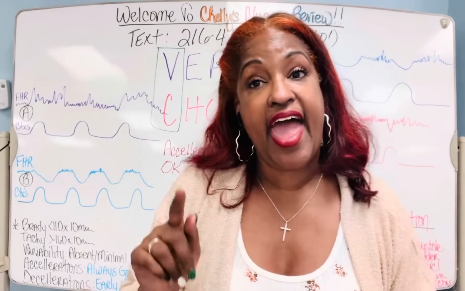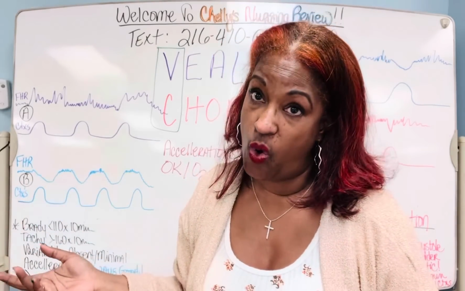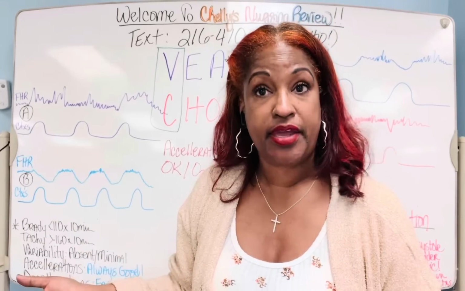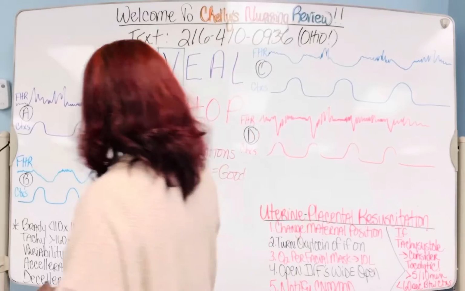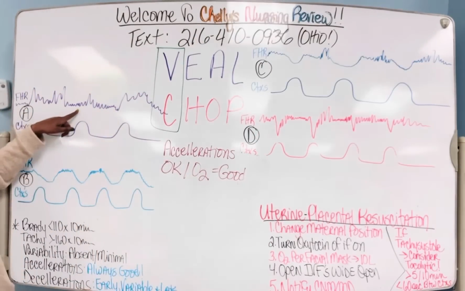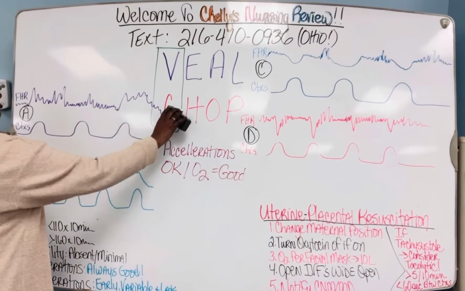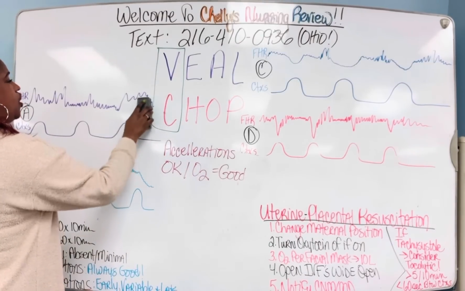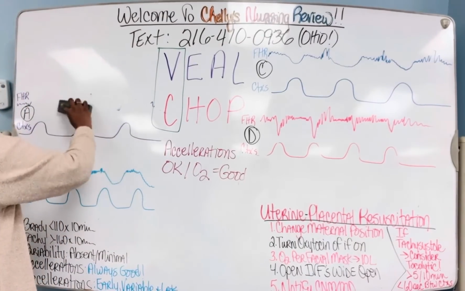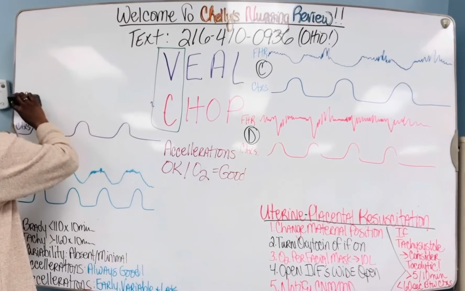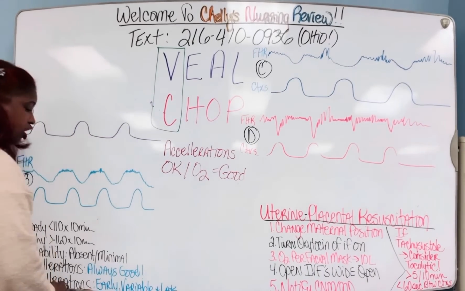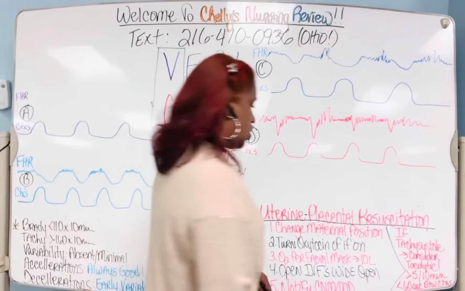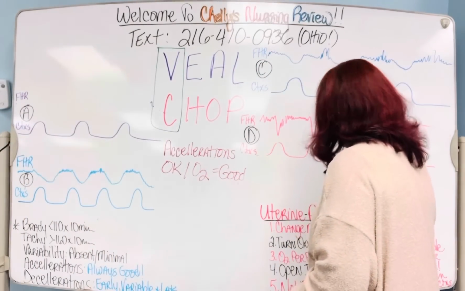Now let's make the A and the O bad. Let's make it bad. I'm going to take this purple heart rate, which had accelerations all the way through, and very nice, what we call variability. I'm going to make it look completely different and turn it into a bad thing.